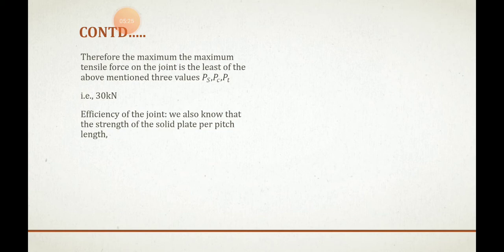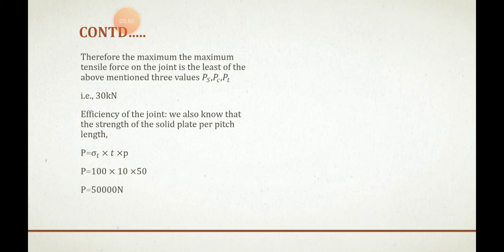Now for the efficiency of the joint, we also need the strength of the solid plate. If you want to calculate the efficiency, you require the minimum of Ps, Pc, Pt and the strength of the solid plate. The strength of the solid plate is given by sigma t into t into p, that is 100 into 10 into 50, so 50,000 Newton or 50 kilonewton.